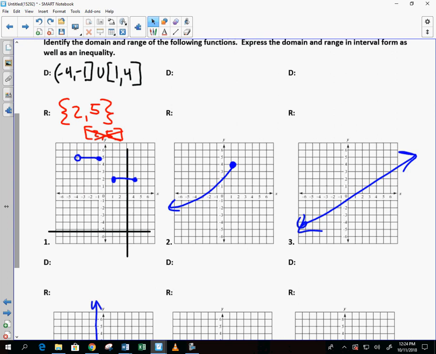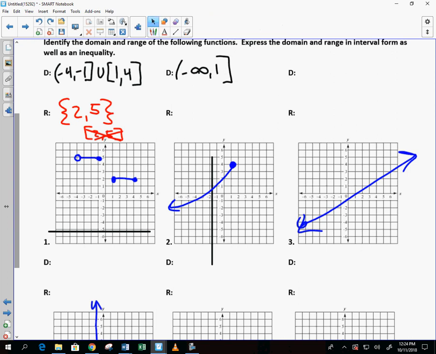Start dragging lines. Is it going to cross over here? It is. It's got an arrow on it. It's going forever down and over this way. Cross here, here, here. So from -infinity all the way to 1. We are looking at the x values, -infinity to 1.